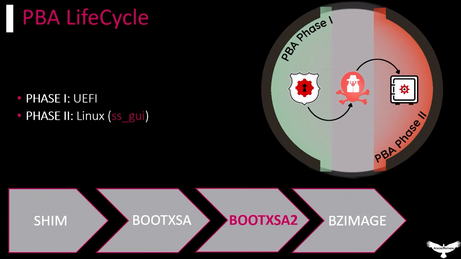So there is an attack surface and things are selectively validated. In addition to that, now that I have a modified background image, I can actually track the error screens and make a determination on the phase of how the integrity process is executed, which happens to be carried out across two phases. So phase one is executed from UEFI, the UEFI binaries via bootxsa or bootxsa2. This is where the 253 elements are actually validated on the disk.